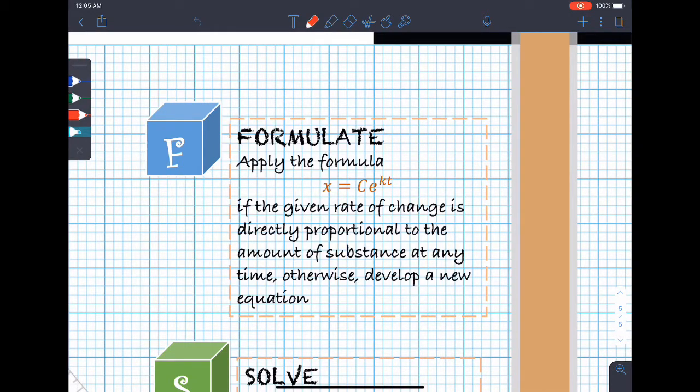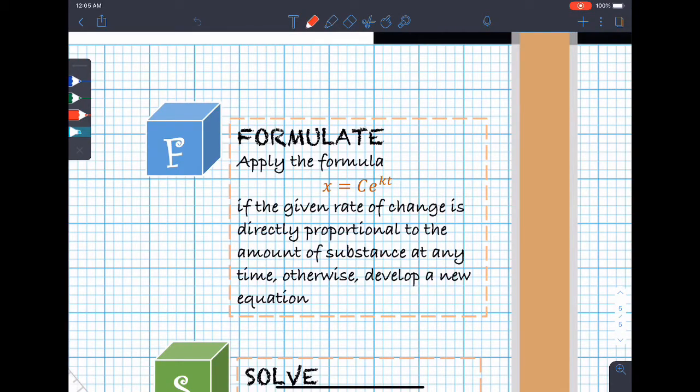Unless, as I have mentioned before, the given problem specifically states that the amount of change of a substance over a period of time is not directly proportional to the amount of the substance at any instant of time. If that is the case, we have to take a look at the relation, and from there develop our equation.